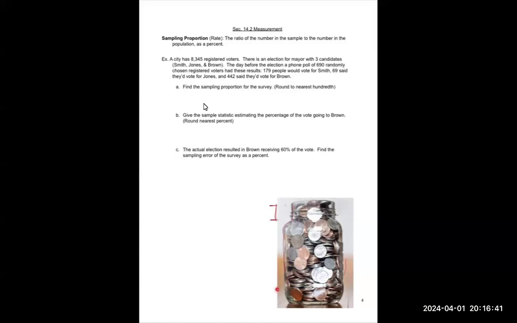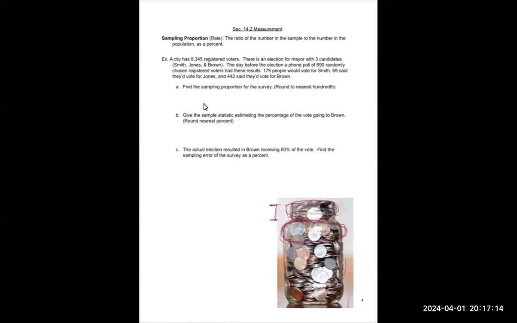Let me use my pointer here. If I tried the same thing and measured the first inch of coins, that's a smaller diameter, so there are going to be fewer coins in here than in this.